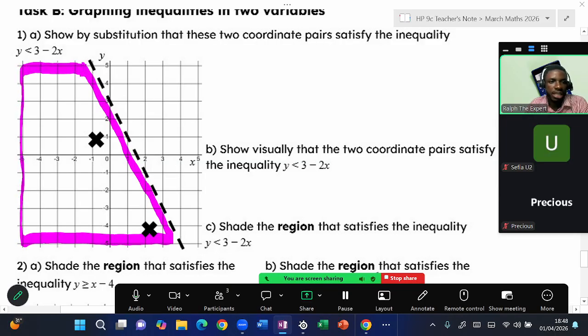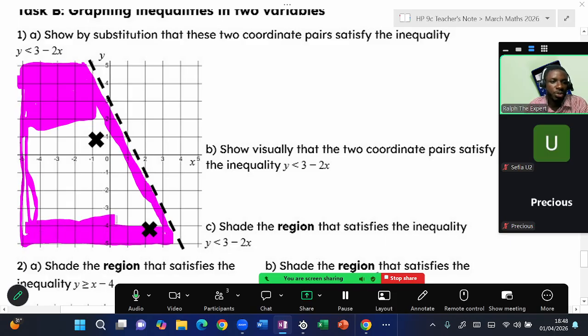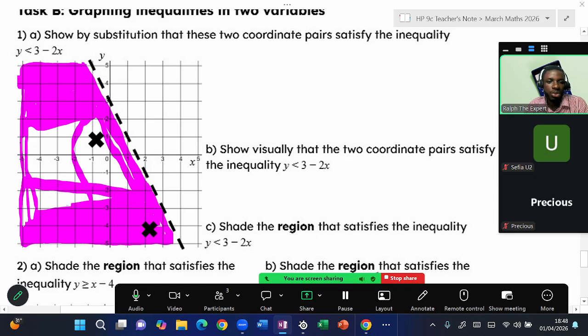Now any of them could be the region. Note that me shading does not mean that that's the region. I just want to use the color to tell the part of the graph, because that's going to help us in a moment.